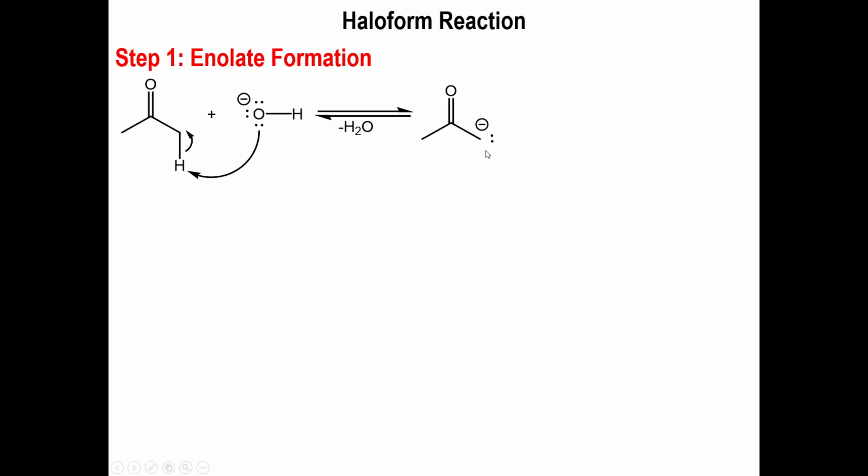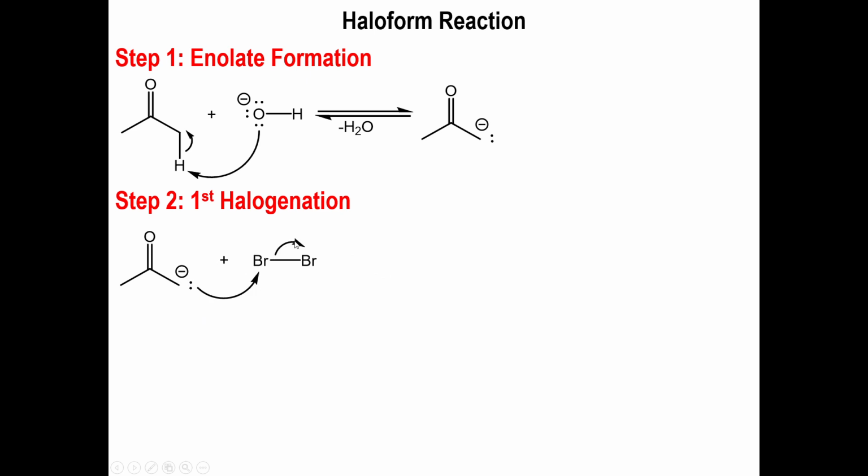But we're going to keep it like this. It's the resonance structure of it anyway. So you deprotonate that to some extent, and then the small amount of enolate that's formed attacks the Br2 that's present in that solution. It breaks apart that Br-Br single bond and forms the monobrominated product.